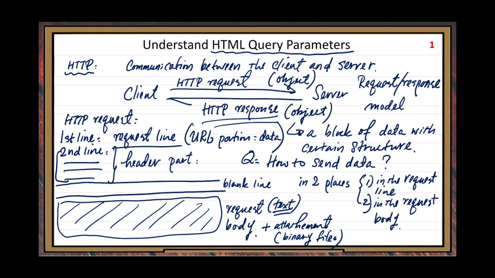So here you can see the difference, because in the request body we can send a lot of data. The body gives a lot of space you can use to send data. But the request line is only one line. Although that line could be quite long, there is a limit, so you cannot send too much data.